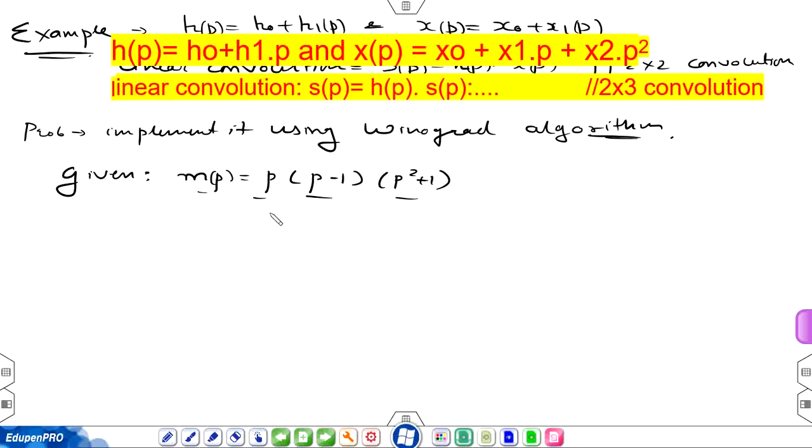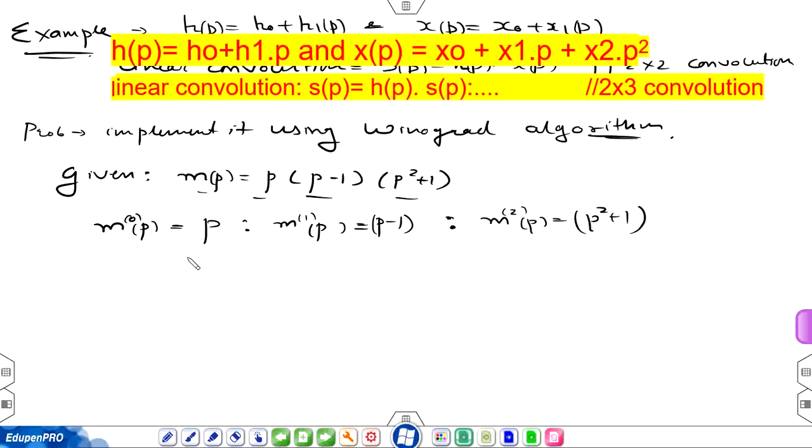different polynomials. So I can say that m0(p) is equal to p, m1(p) is p minus 1, and m2(p) is p square plus 1.